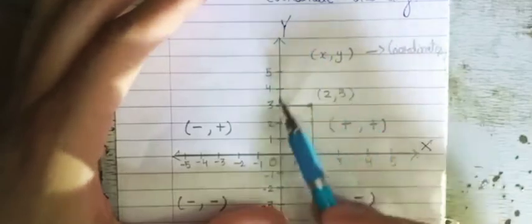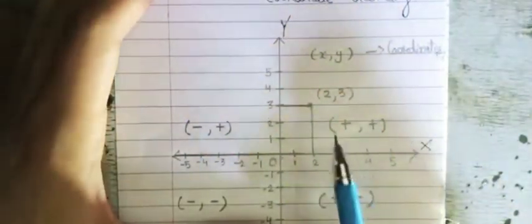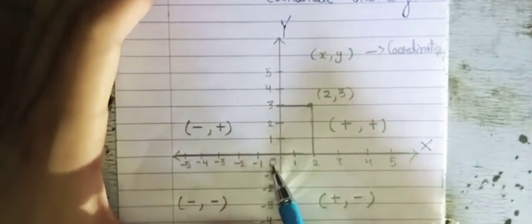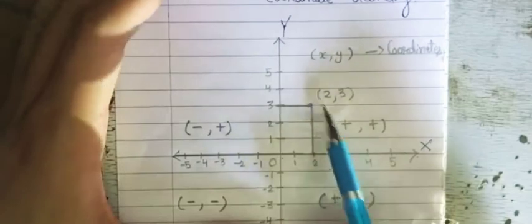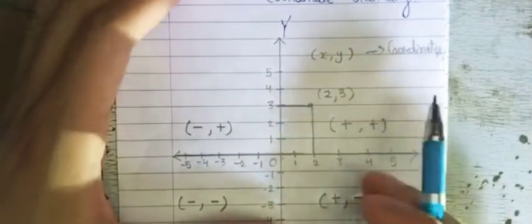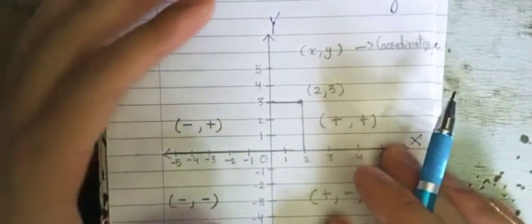Suppose I have plotted a point on a paper, so that particular point will have some coordinates with respect to the origin, or we can say with respect to the Cartesian plane. These are called coordinates. So we will study these coordinates, their geometry, their properties, each and everything in this chapter.